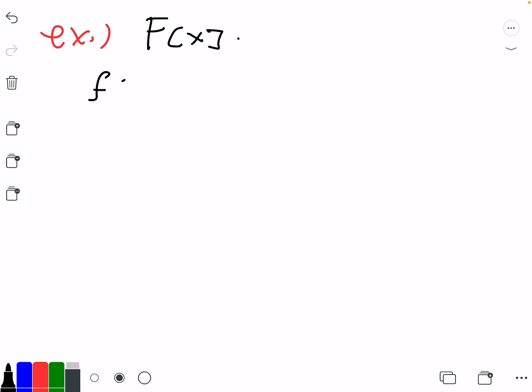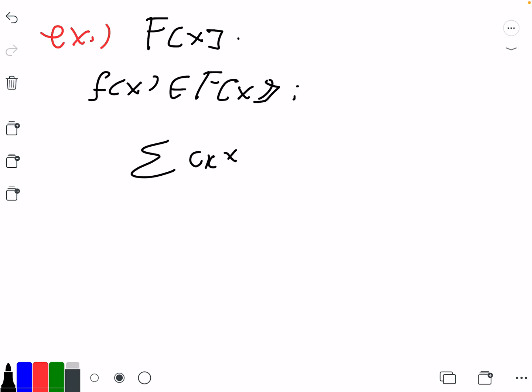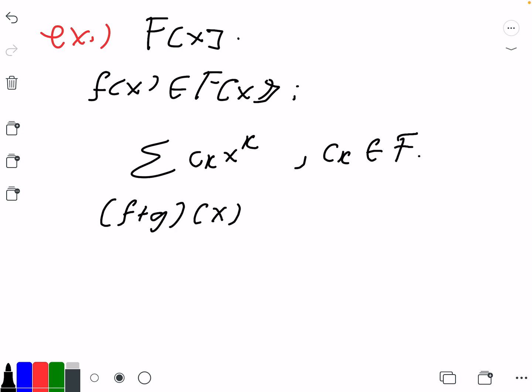Every polynomial in F of X can be written as the sum of some Ck times X to the K, where our Ck are scalars in the field. And obviously the sum of two polynomials evaluated at x is equal to the sum of the evaluations of the two things you're adding.